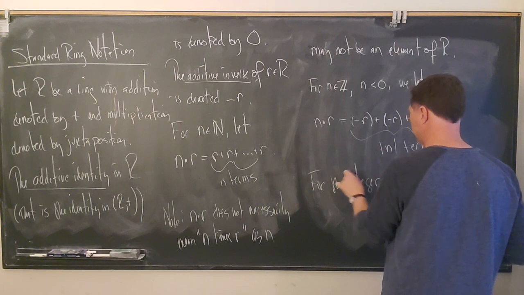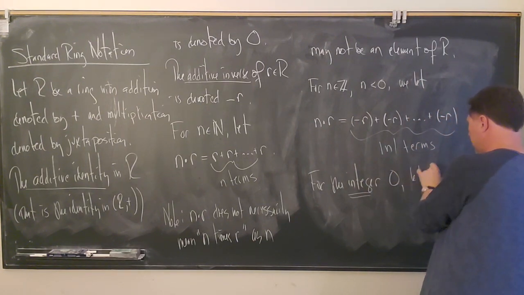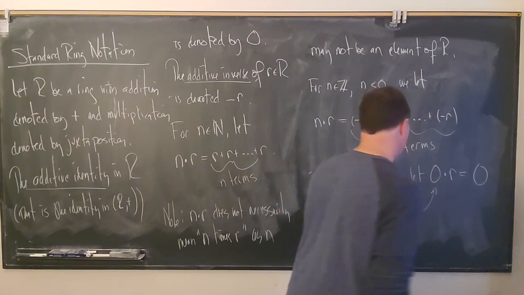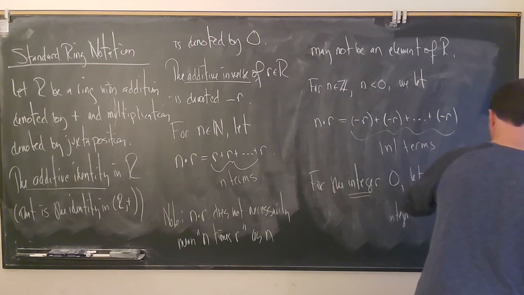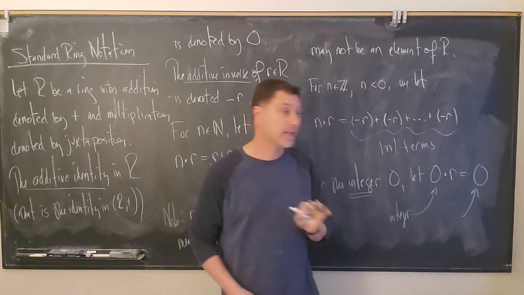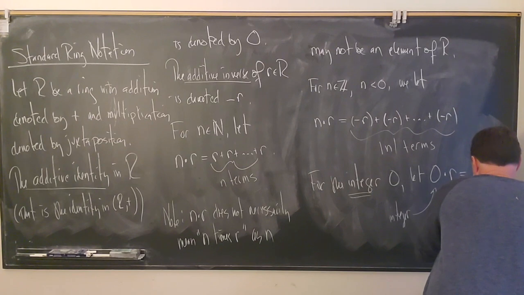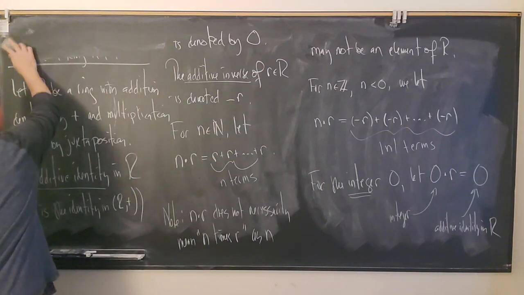For the integer 0, let 0 dot r equal 0, where here this is the integer and this is the additive identity in capital R. So this is just notation.